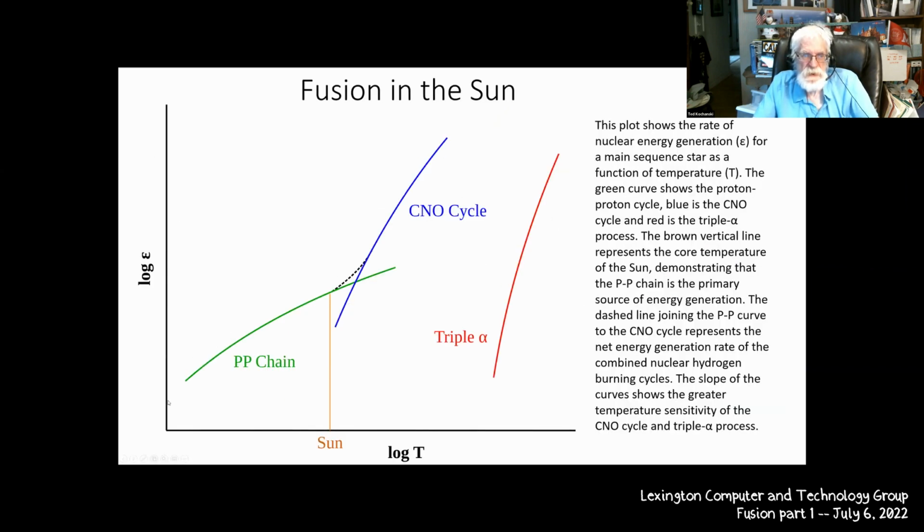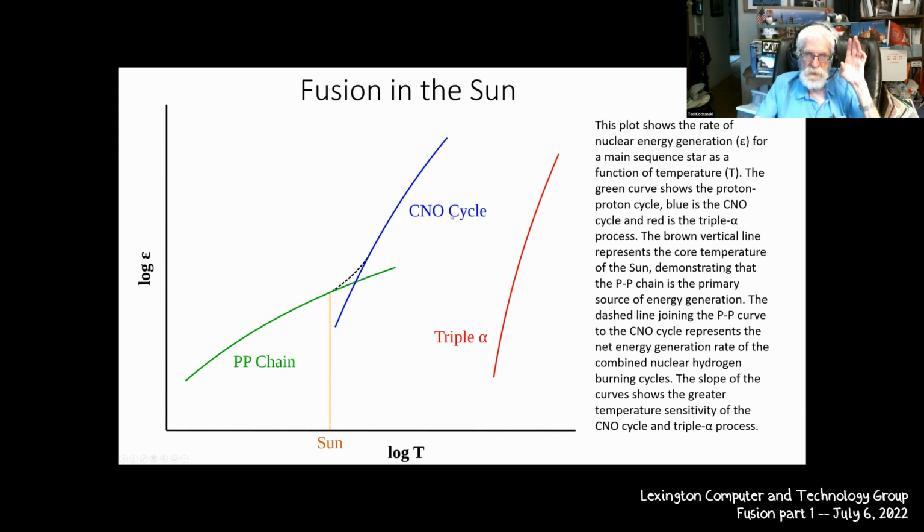So these are the different cycles. It's very strongly dependent on temperature. So a lot of things in controlled thermonuclear fusion, or uncontrolled thermonuclear fusion for that matter, you'll look at logs of things. So this is the log of the energy generation versus the log of the temperature. And you'll notice that if you're way out here, you're mostly using this thing called the triple alpha cycle, which I didn't bother to show because it's non-existent for the sun.